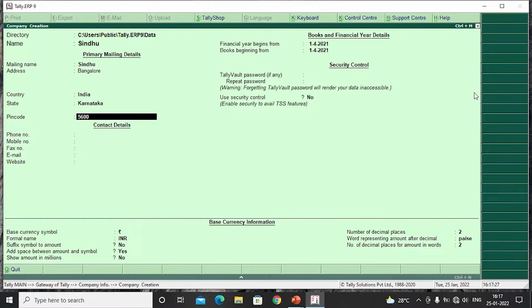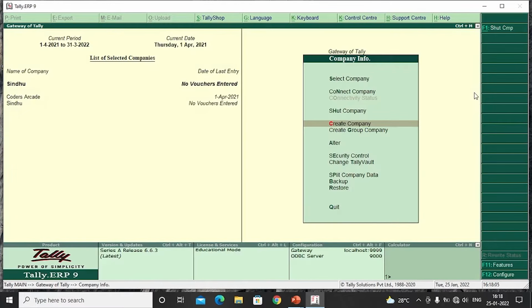Give pin code number, phone number, mobile number, email ID, sindhu@gmail.com. Website www.sindhu.com. Now press Ctrl plus A. Now the company got selected.